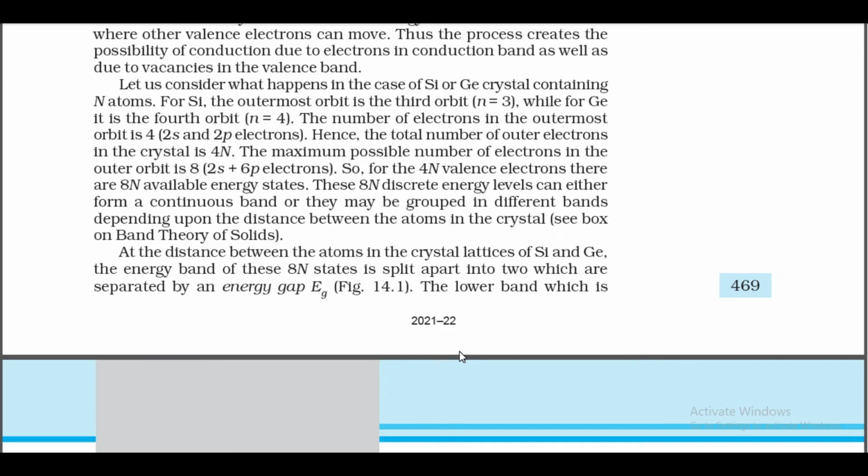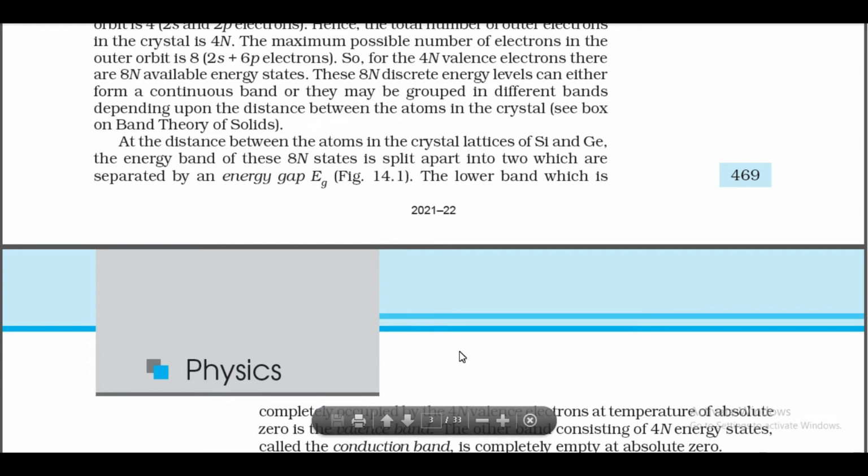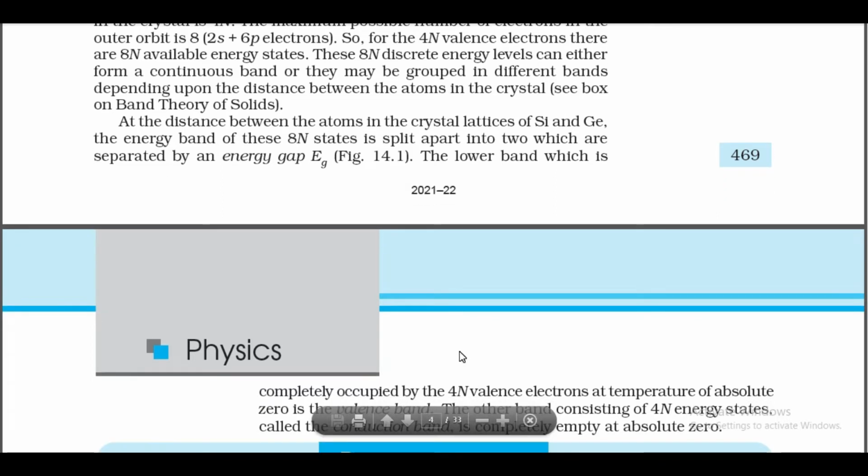The maximum possible number of electrons in the outer orbit is 8, 2 s plus 6 p electrons. So, for the 4n valence electrons, there are 8n available energy states. These 8n discrete energy levels can either form a continuous band or they may be grouped in different bands depending upon the distance between the atoms in the crystal. See box on band theory of solids.